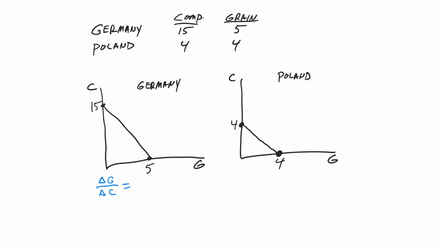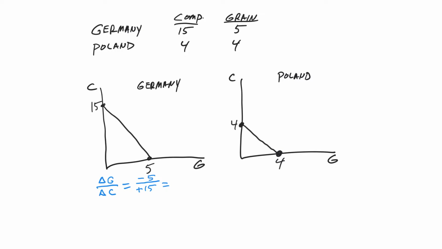Well, if we increase computers to 15, from 0 to 15, the change in computers is 15. But that would require that we give up 5 grains. So, 15 computers, we lose 5 grains. So 5 divided by 15.